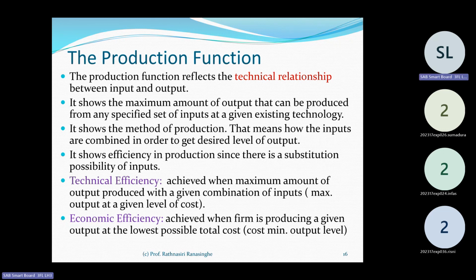Because when we combine these factors, production, labor, and capital, you get the maximum output level. So that explains the efficiency, and there we can highlight the technical efficiency and the economic efficiency.